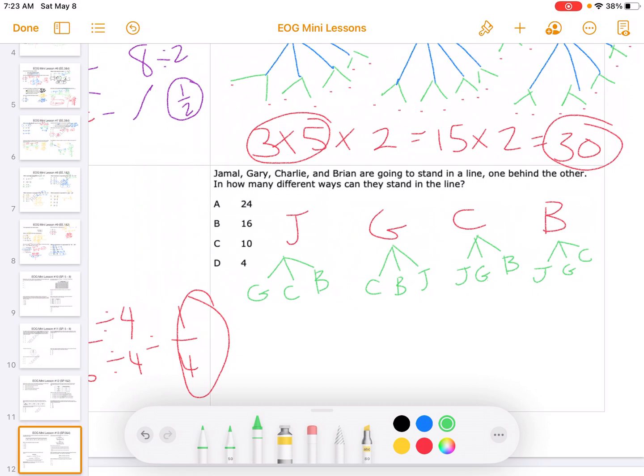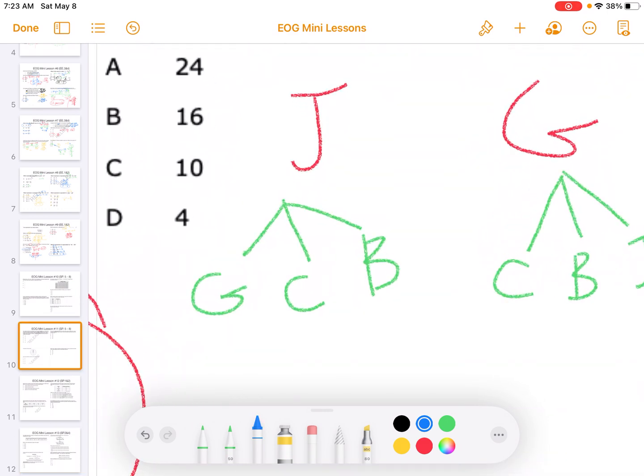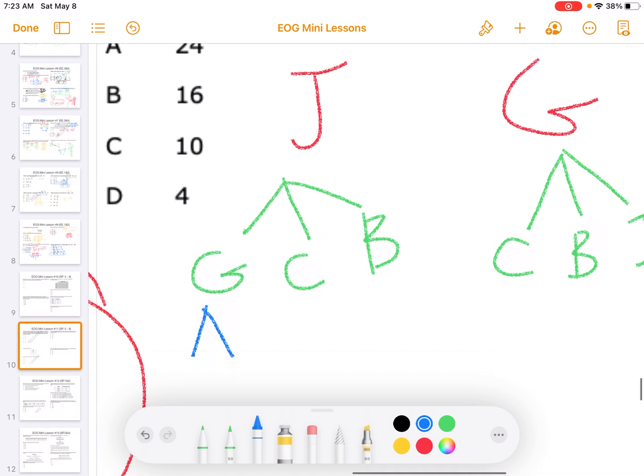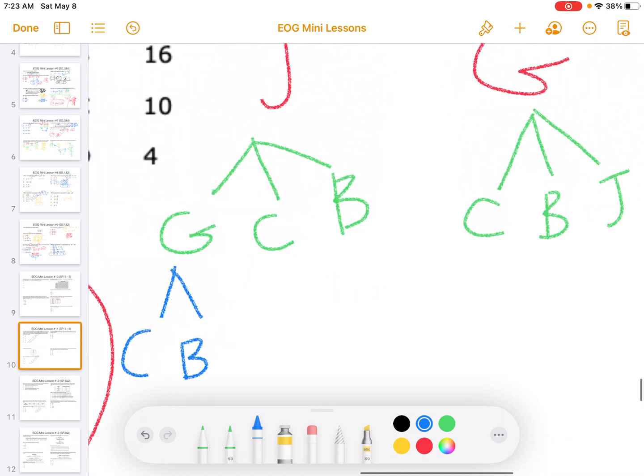Well, okay, so I went from 4 options to 3. So then there are 2 options for the next part. Because if Jamal, Gary, then the only next choices are Charlie or Brian. If I go Jamal, Charlie, then the only choices are Gary or Brian. If I go Jamal, Brian, the only choices are Gary and Charlie.